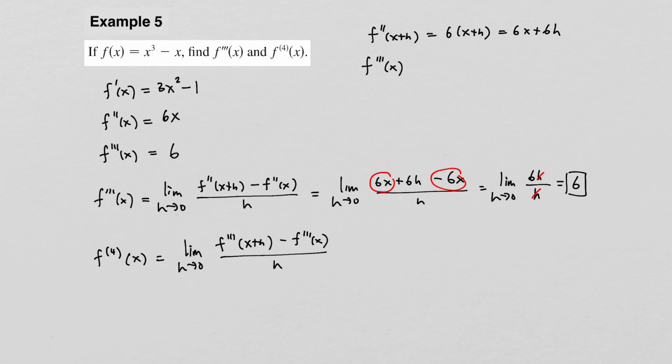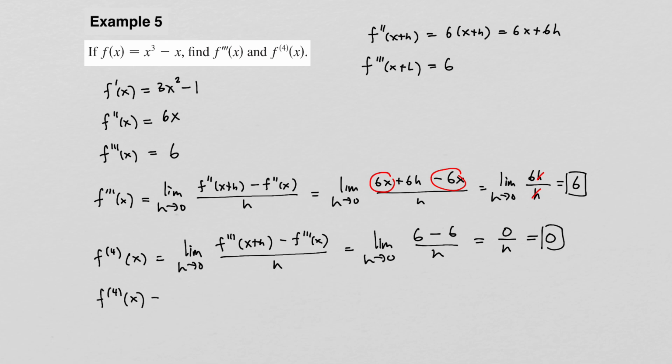So f triple prime of x plus h is still going to be 6. So this becomes the limit as h goes to 0 of 6 minus 6 over h, which is 0 divided by h, which is 0. So the fourth derivative is 0. And every derivative after that would also be 0. Okay, so the fifth derivative would be 0, the sixth derivative would be 0, etc.